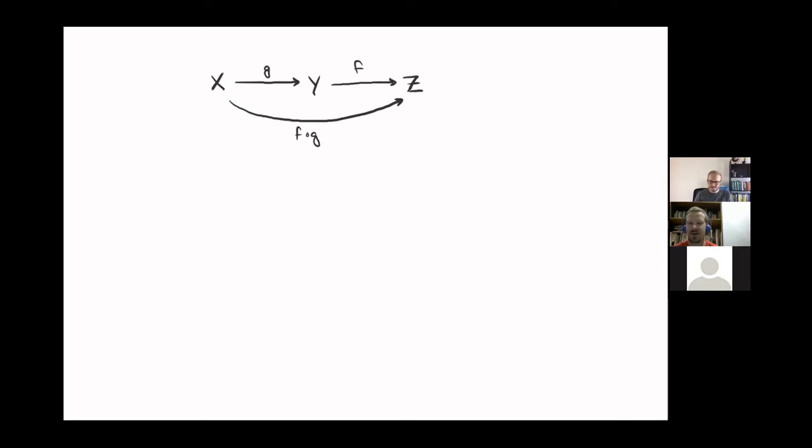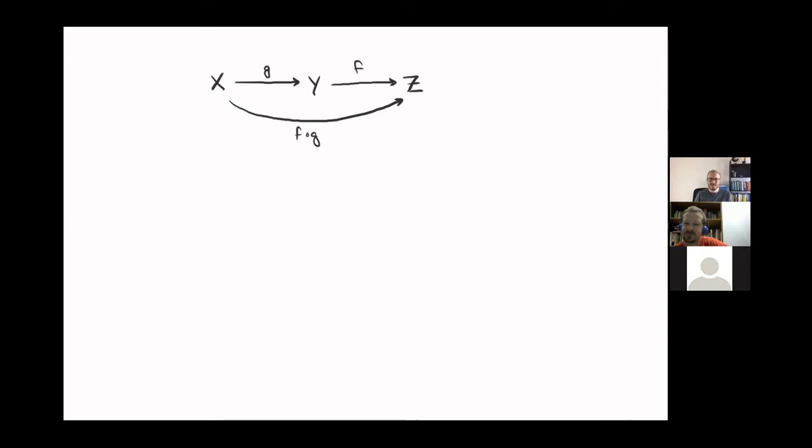You said F composed G was the way you phrased the lower one there? There are a number of ways you could say that. You've probably seen that notation in calculus or something. When I was in high school learning these things, I would read that as F of G. And that's fine.